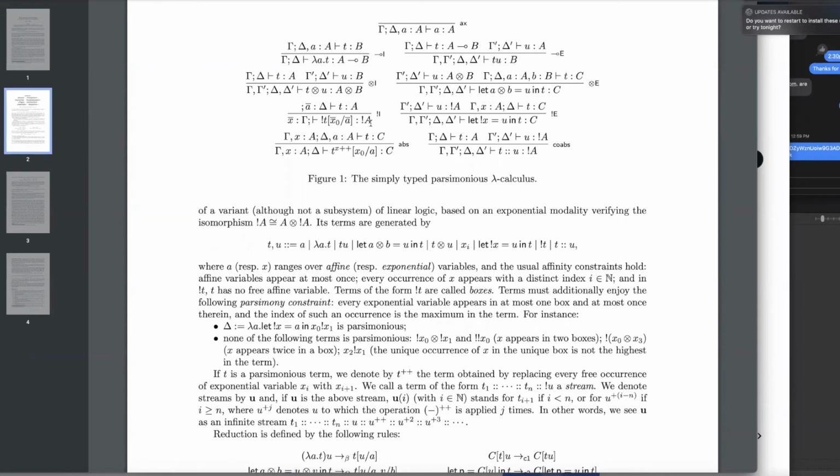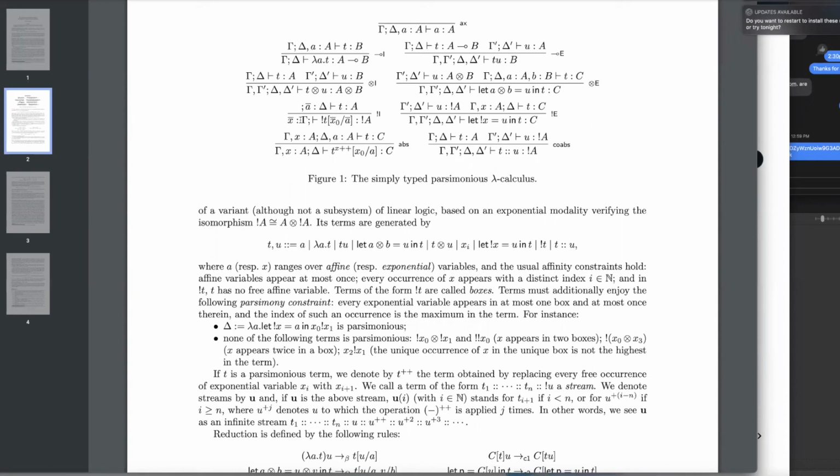So the flip side is, this is an operation like putting inside the box. And so what this is doing is creating a bridge between affine variables and exponential variables, right? So I've got a bunch of affine variables that are mentioned in T, right?